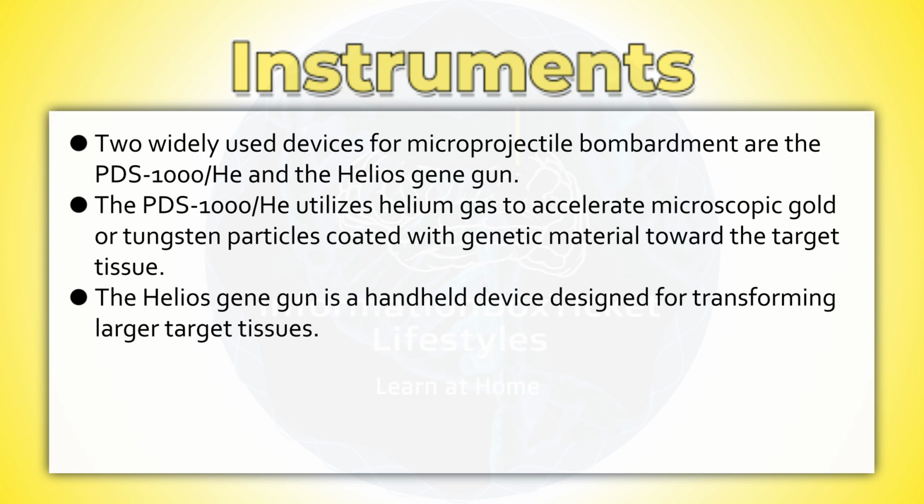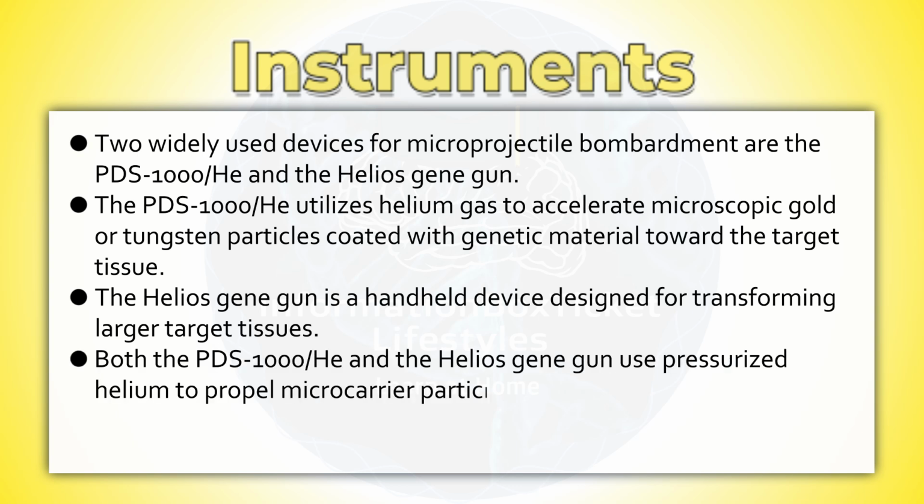The Helios gene gun is a handheld device designed for transforming larger target tissues. Both the PDS-1000/He and the Helios gene gun use pressurized helium to propel microcarrier particles coated with genetic material.